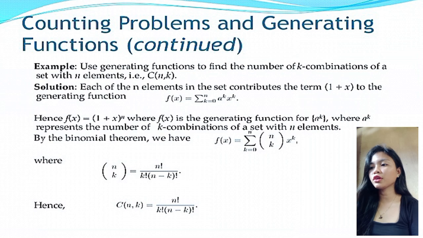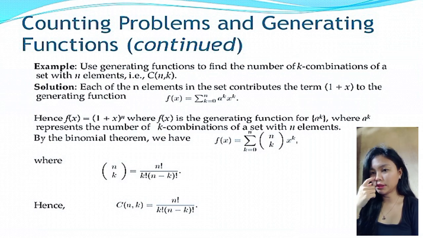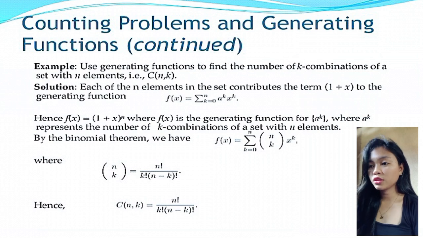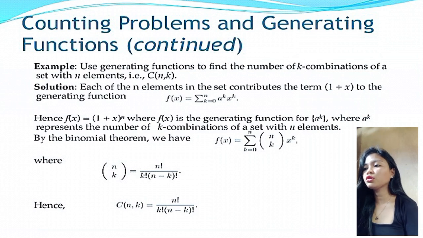Example: use generating functions to find the number of k-combinations for a set with n elements. Solution: each of the n elements in the set contributes the factor 1 plus x to the generating function.